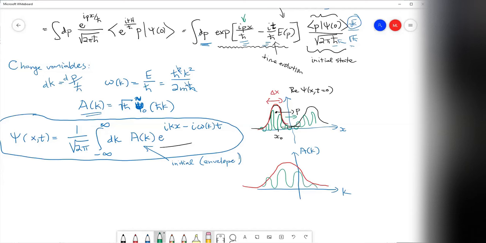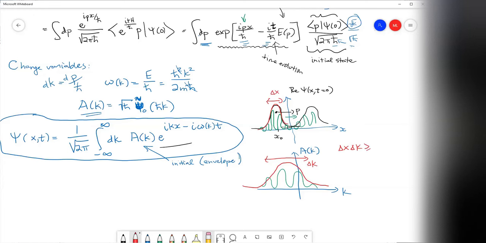And what I showed in recitation, and what we know from the uncertainty principle, is that it'll have its own width, delta k, now in k space, same as momentum space, up to a factor of H bar. And the Heisenberg uncertainty principle tells us that the spreads are inversely related to each other.